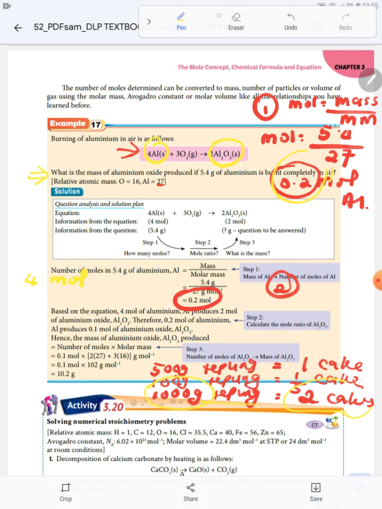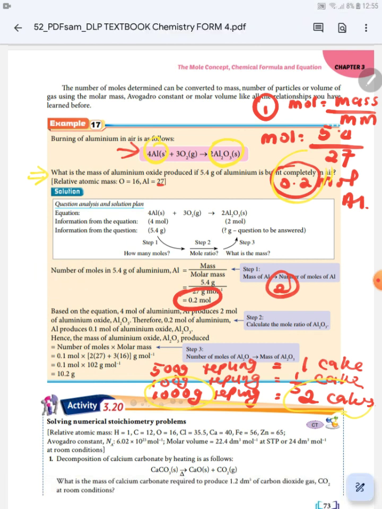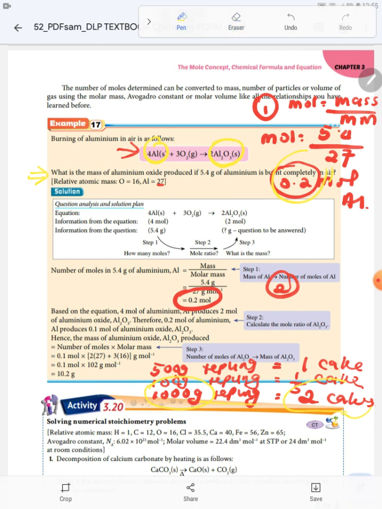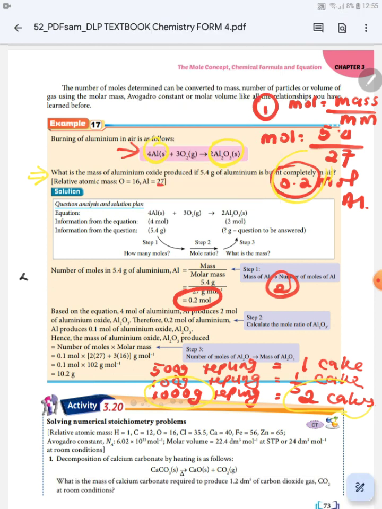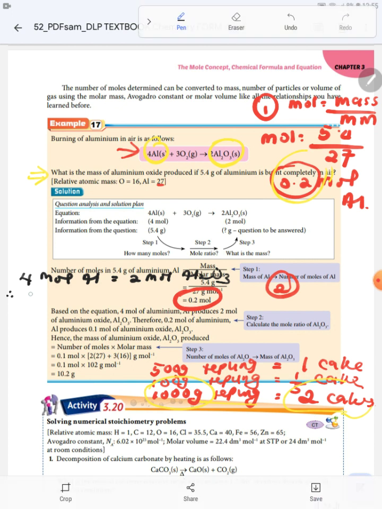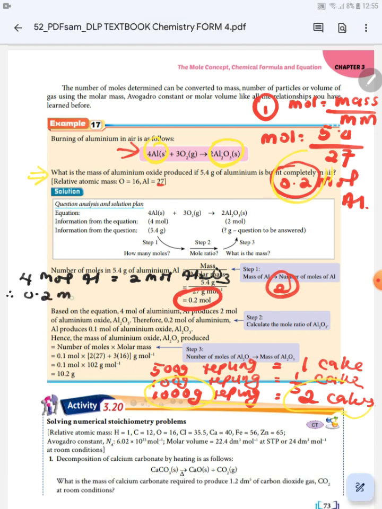Kita guna pen color hitam. So, teorinya kita ada 4 mole aluminium, we produce 2 mole aluminium oxide. Now, how about if only 0.2 mole of aluminium is used?